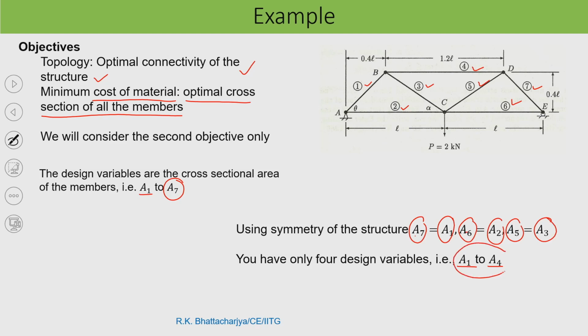So, I have actually reduced the design variables. This is also an important step in an optimization model, because when the number of variables is more, the solution will be complicated. Therefore, you should always look at whether it is possible to reduce the number of design variables. In this case, by using symmetry, we can reduce the number of design variables. As I said, the earlier number of design variables was 7 and now we have only 4.